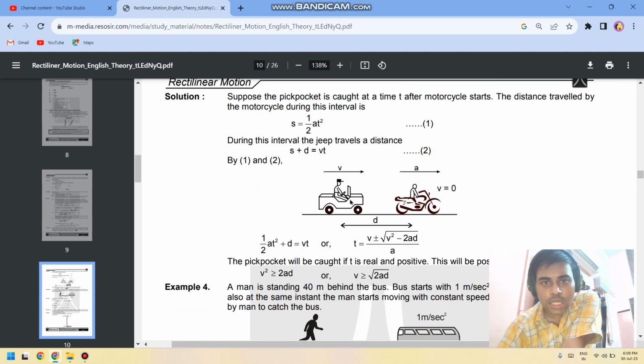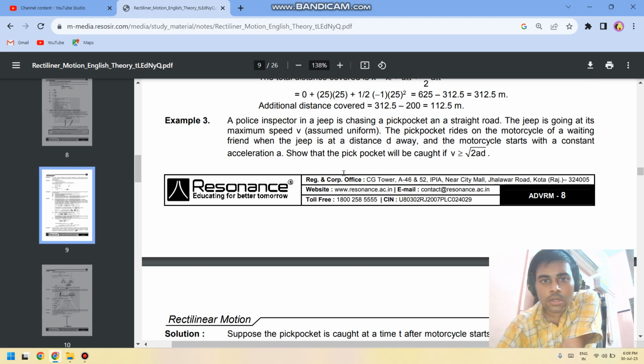Now the last question. A police inspector in a jeep is chasing a pickpocket on a straight road. The jeep is going at its maximum speed v, assumed uniform.